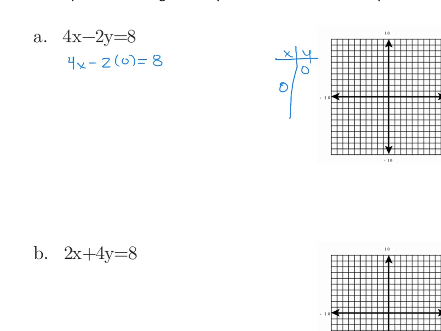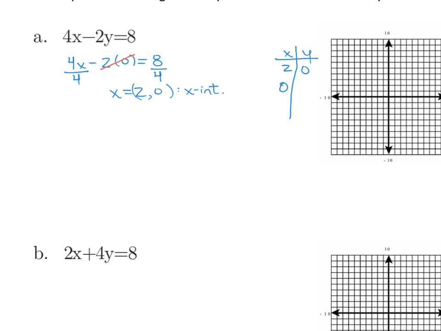If we plug in 0 for y, my y term goes away. I can divide by 4, and I am left with x equals 2. So 2, 0 is my x-intercept. This is where the graph crosses the x-axis.